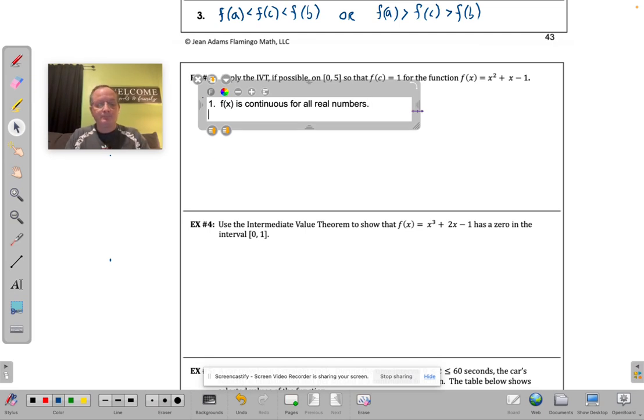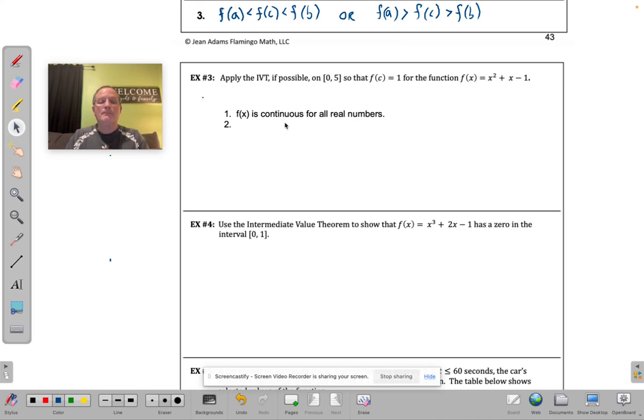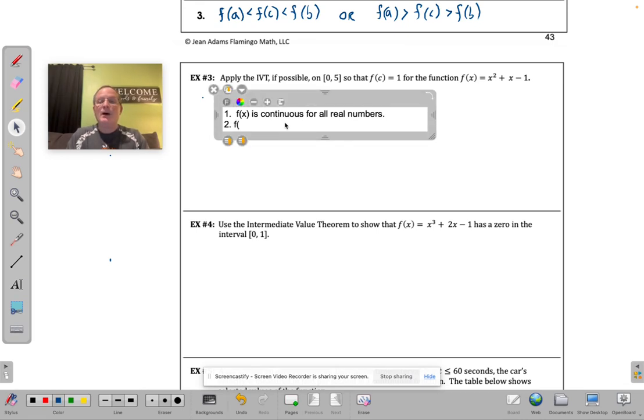Okay, number 2. Next we need to find the y values of the endpoints. So f of 0 is equal to negative 1, and f of 5 is equal to 25 plus 5 minus 1, which is 29.